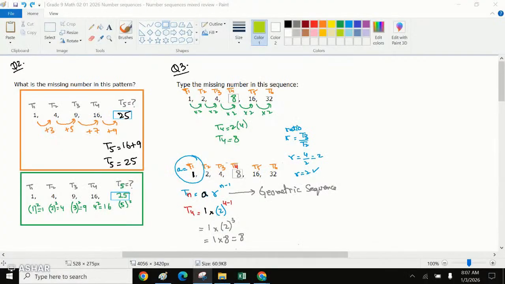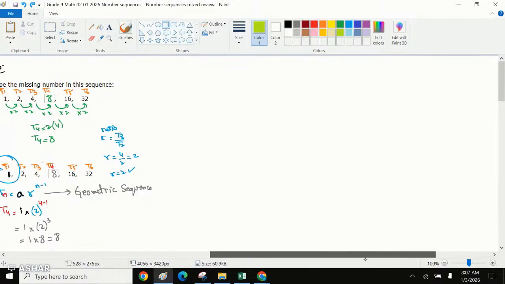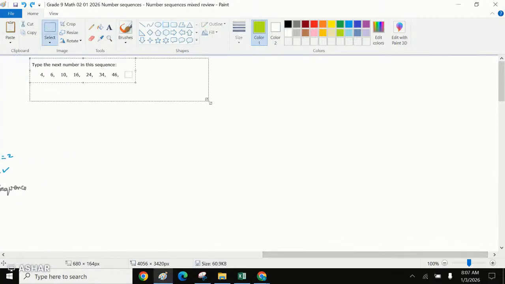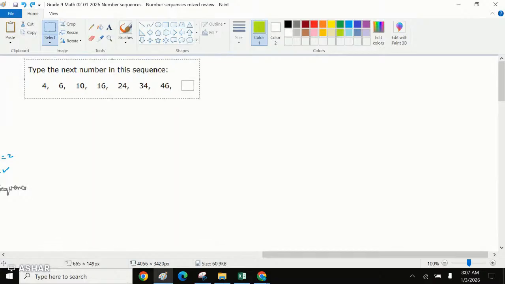Okay. Moving on further, let's see what we have here. It says find the next number in the sequence. Let's see question number 4. They're asking us to find the next number in the sequence, okay? Let's see how we can do this. The first term is always term number 1, right?